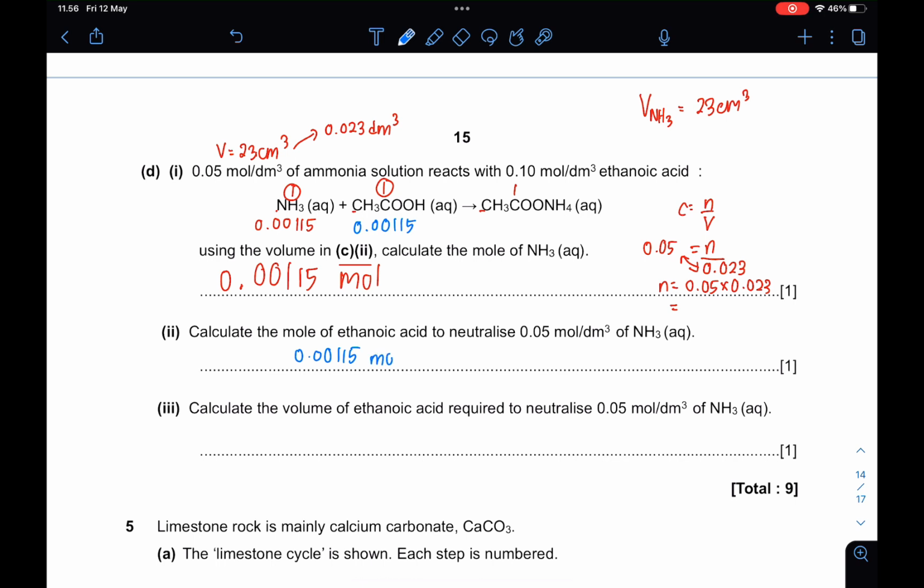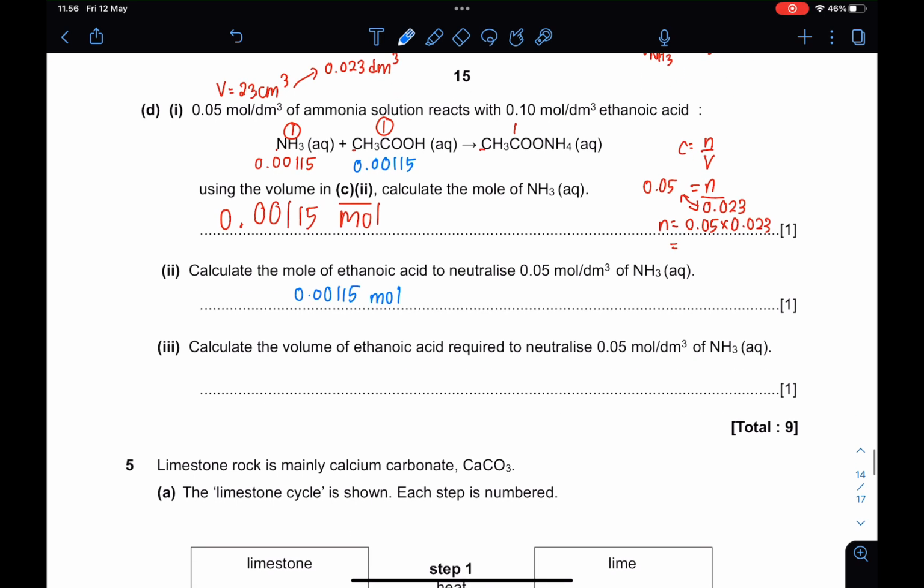Therefore, the number of moles of ethanoic acid is 0.00115. It's the same. So this is going to be 0.00115 mole. Now calculate the volume of ethanoic acid required to neutralize this 0.05 mole per dm cube of ammonia.